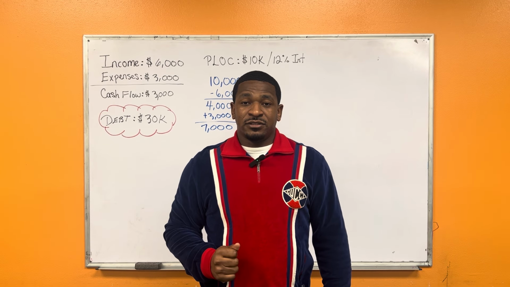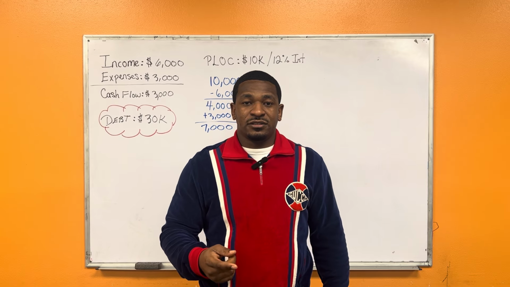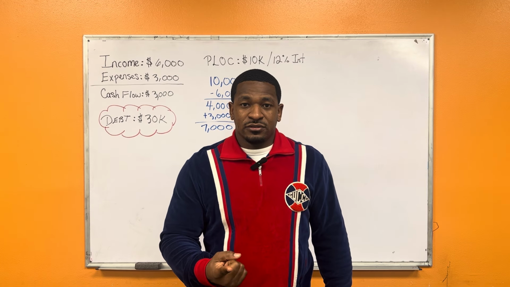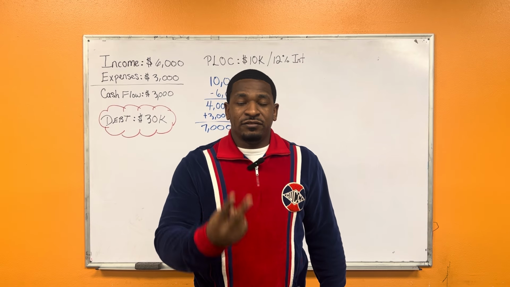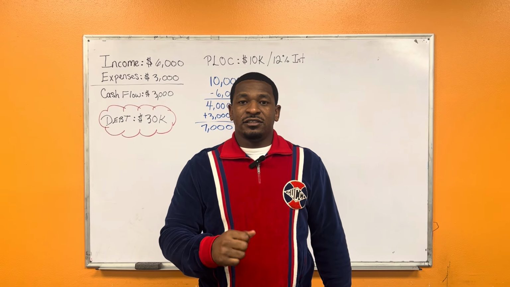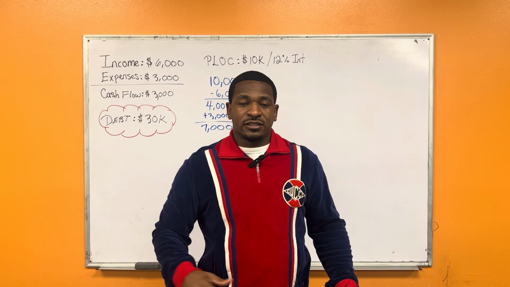Secondly, you have to know your expenses. What are your bills? That's what I mean by expenses. What are your bills and what are your living expenses? Living expenses are your rent and your groceries, things of that nature.